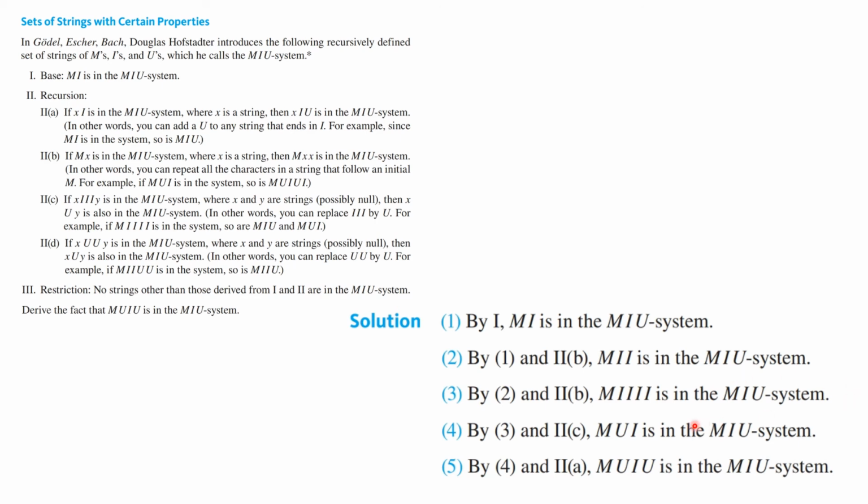And we can apply that again to conclude that this is in the system, but then we can replace some of those I's with U's to get this, and then by 4, which is this step, and by 2a up here, MUIU is in the MIU system. Again, it doesn't seem very exciting, but that's how we check syntax with your computer programs.